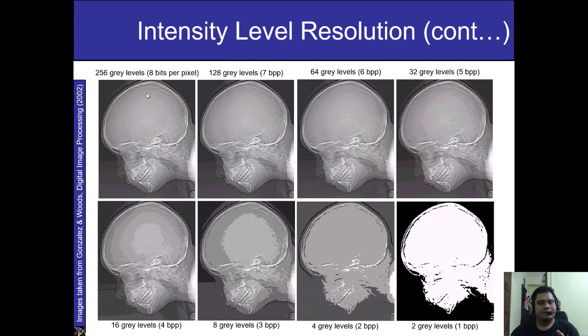Imagine increasing the intensity resolution more and more: it becomes worse, because you need very big memory to save a single image.